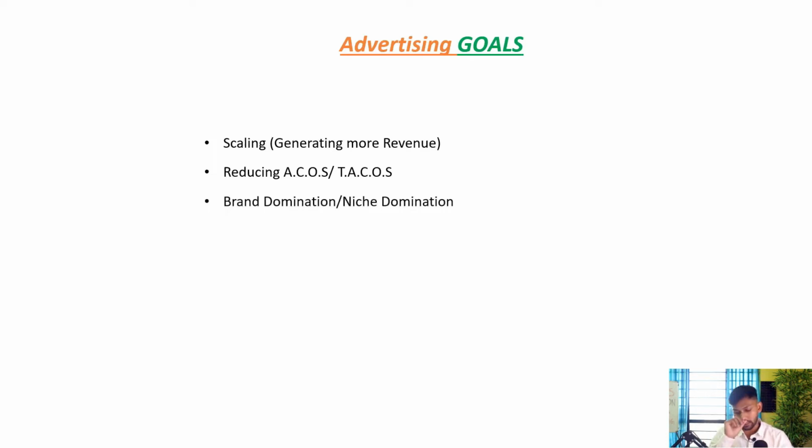Now the third point that we have written down is brand domination. Since we are only focusing on big brands right now, only advanced sellers, which you are, obviously you are more focused on brand domination, niche domination. If you're thinking of launching one product in this category, one product in that category, trust me, Amazon used to work this way almost 2 years back, when everyone used to come and make money.